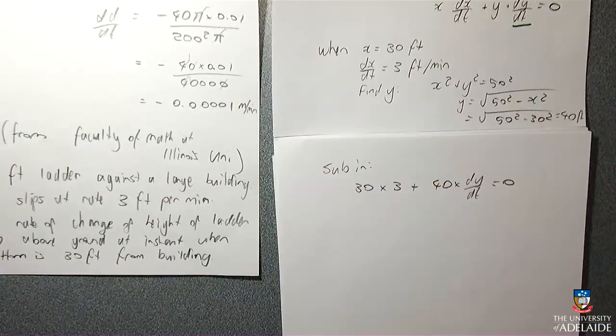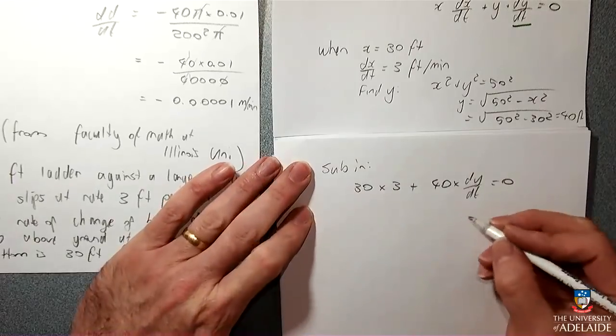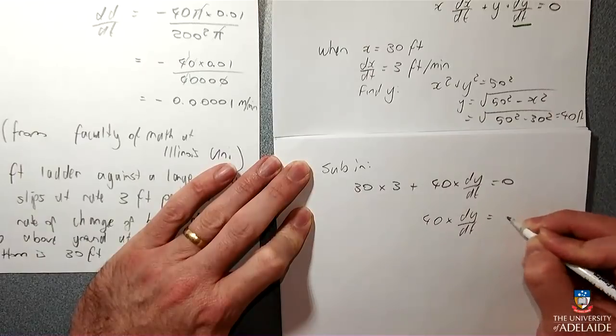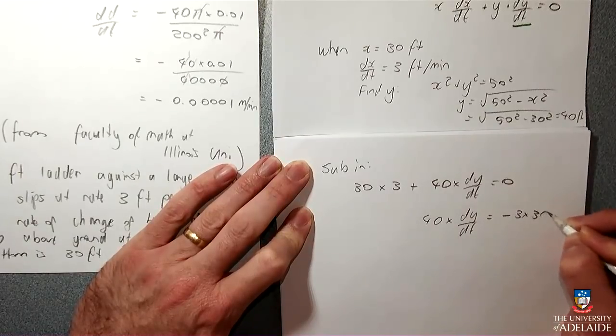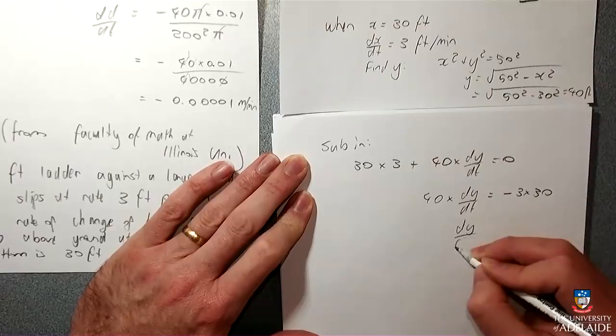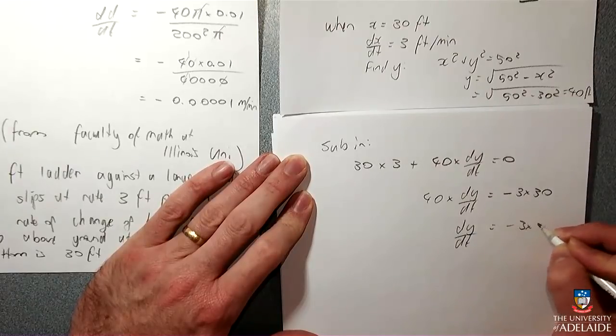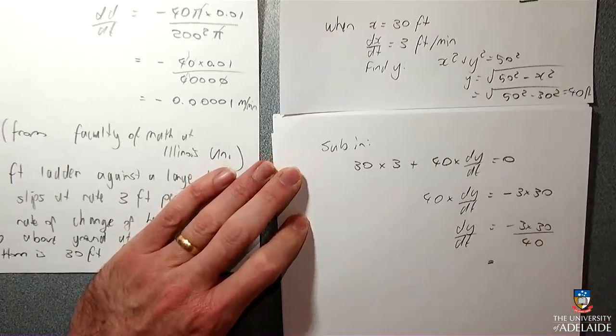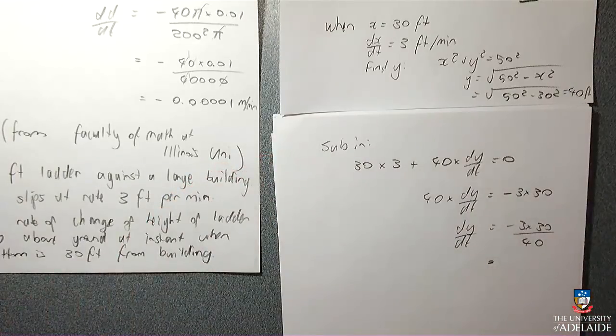I'm only mildly distressed. Oh no, yep, that's okay, it's all good. So we've got 40 times dy on dt is minus whatever 3 times 30 is, and so dy on dt would be 90 divided by 40, which is 9 divided by 4, which would be 2 1/4.